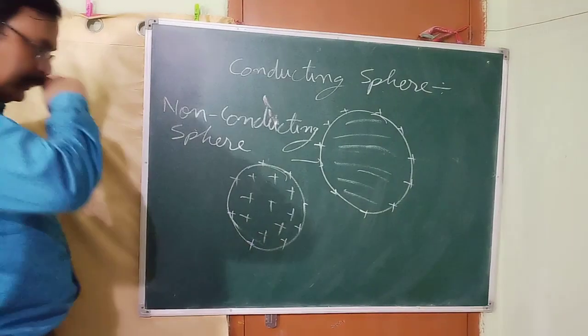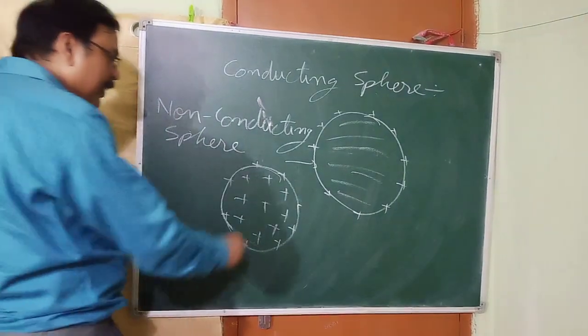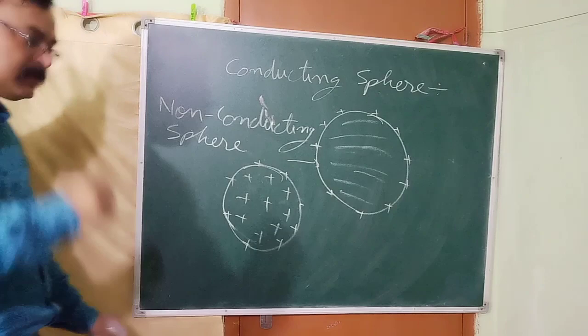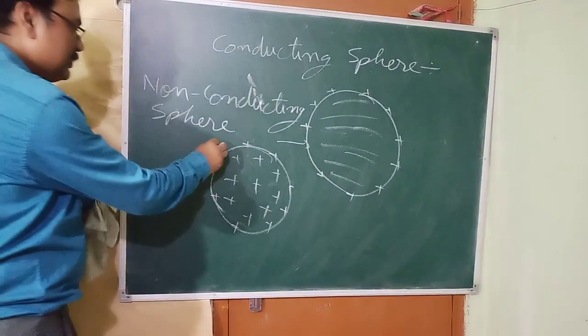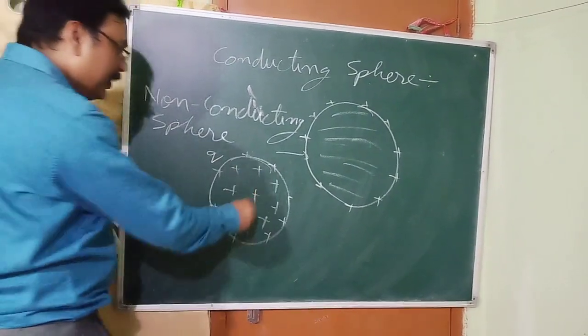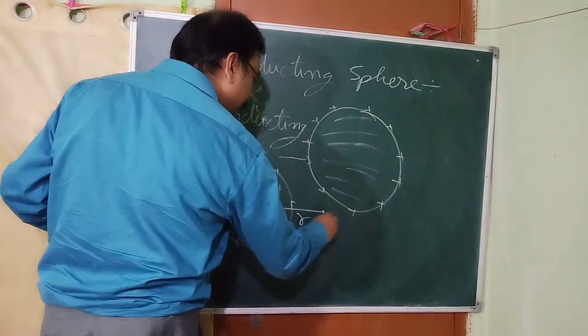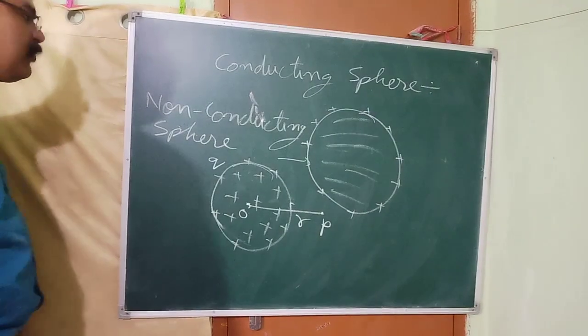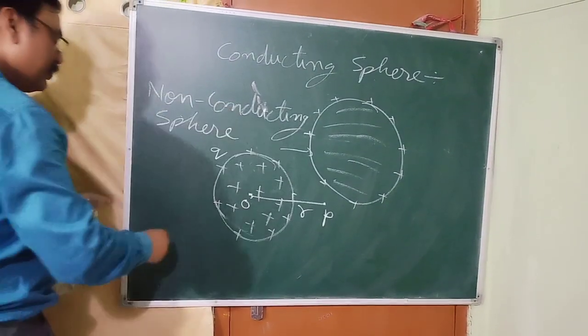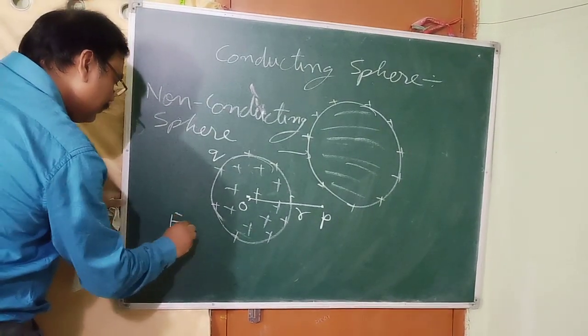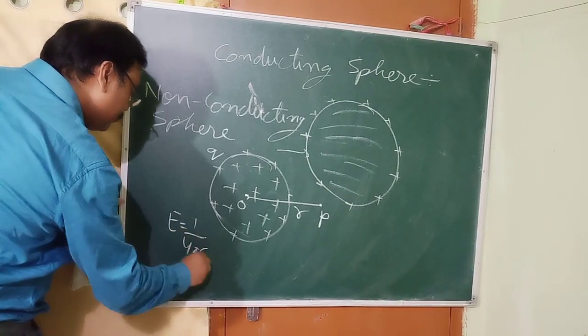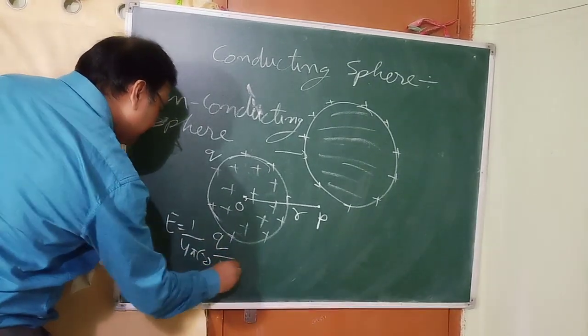Okay. So, if you are finding the electric field due to this, suppose total charge on it is Q, and you are finding electric field, this is center O, at distance R at point P. So what you will get? You will get a similar result as you got for the spherical shell. That is, electric field will be 1 by 4 pi epsilon naught Q by R square.